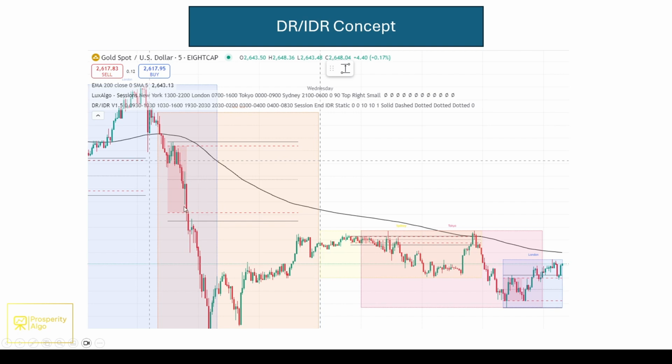So instead of looking only for pullbacks, perhaps on certain high volatility days, you can also look for breakouts of this range. So please let me know in the comments if you'd like me to test a particular variation of this. I'd be happy to make another video so that we can really get to the bottom of this and see how these concepts can be used to develop excellent mechanical trading systems.